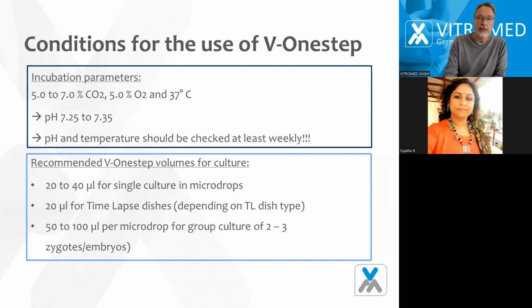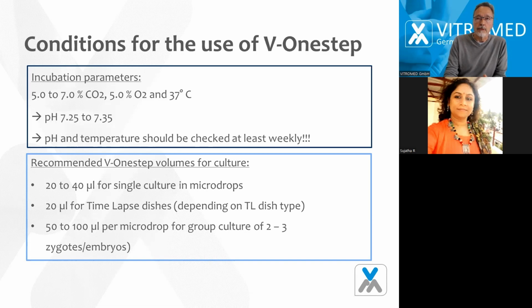So 5 to 7% is recommended, and 5% O2. I really would recommend this because it's common, meaning that the reduced O2 concentration is much better for the development of the embryos.